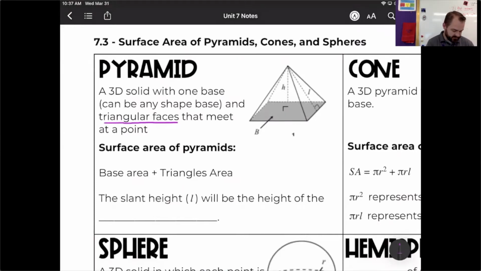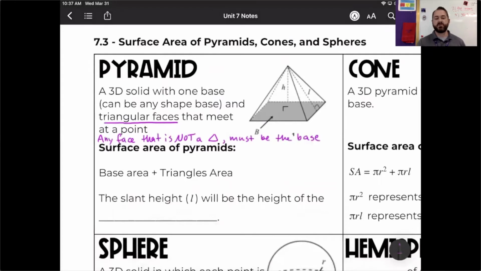You can write that down if you want. Any face that is not a triangle must be the base.